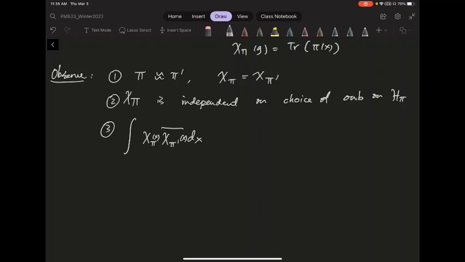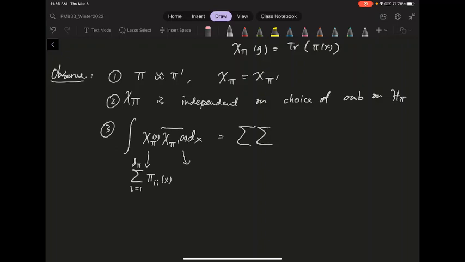So what we end up with is basically a double summation of these diagonal entries. Each of these is a summation over i going from 1 to d_pi of the pi_ii of x. That's the trace of pi(x).